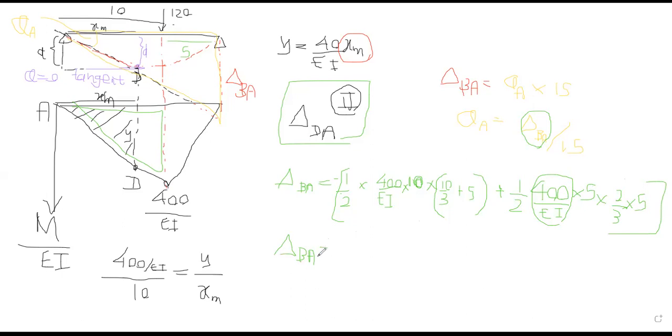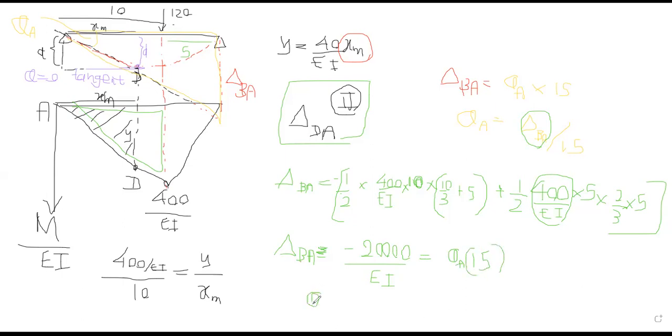Yes, minus 20,000 over EI. Is that right? Okay. So we found this, and this is equal to theta A into 15, right?